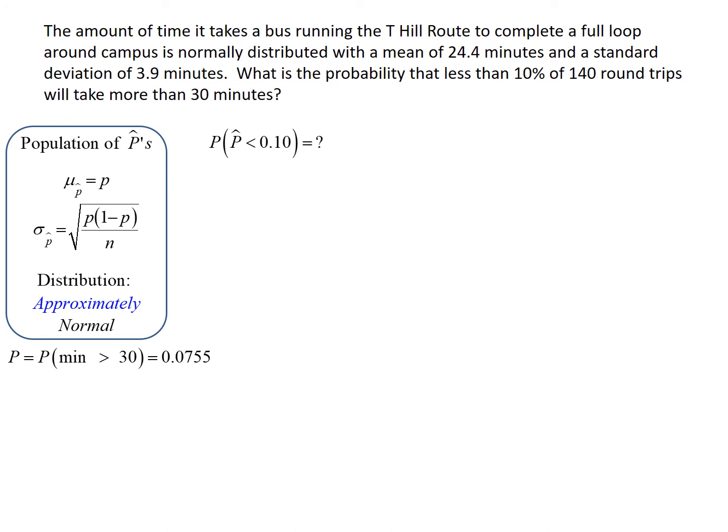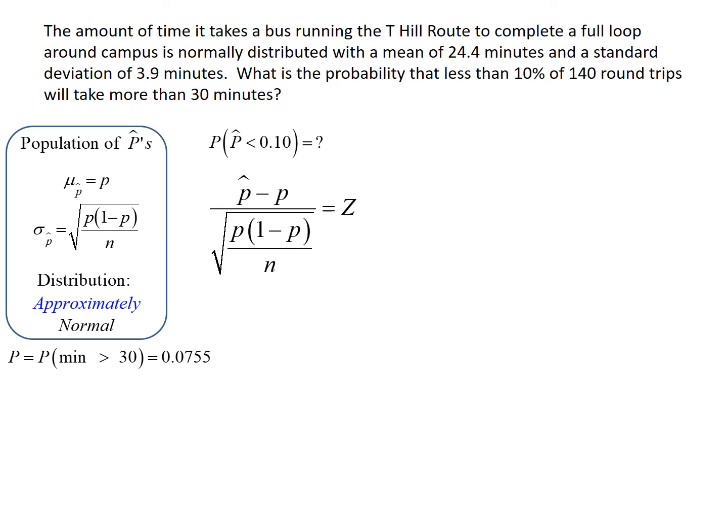I want to take one more look at that last example. Just to remind you that we always have the option when something's normally distributed to convert to z-scores instead of adjusting the mean and standard deviation in the normal CDF function. So because p hat is approximately normal, we can use our conversion p hat minus the mean of p hat, which is p, divided by the standard deviation of p hat, which is that big giant square root.